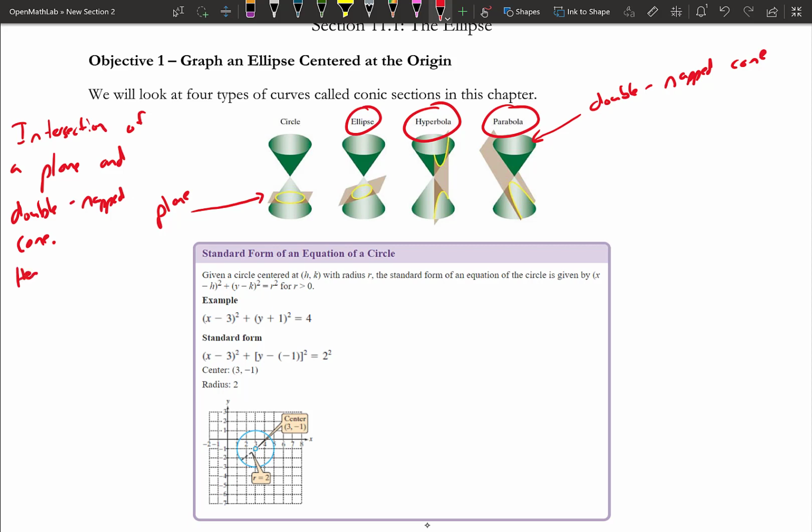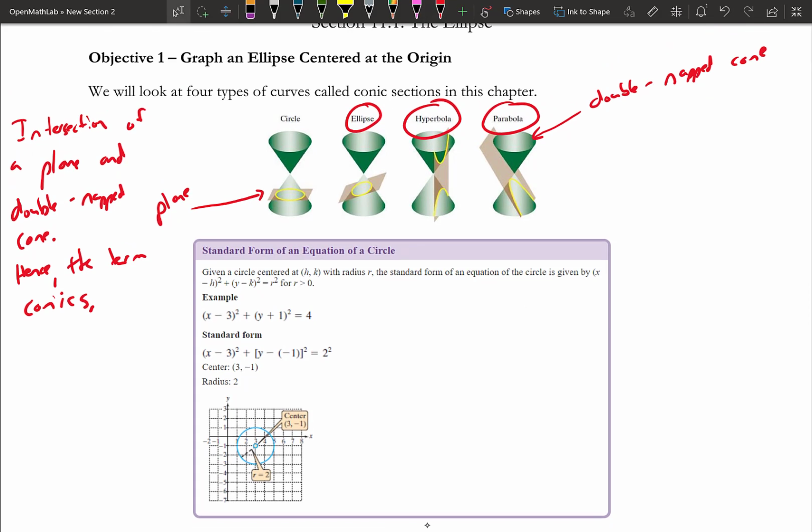So hence, this is where the term conics comes from, right? So it deals with a cone, so that's where we get the word conics from, right? So in 11.1, we'll look at ellipse, and then in future sections, we'll look at hyperbola and parabolas, right?